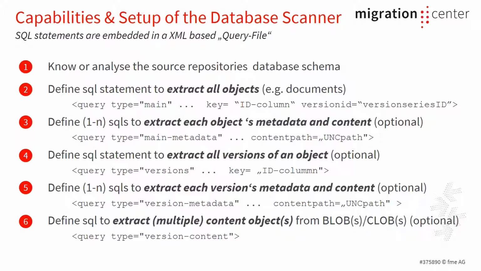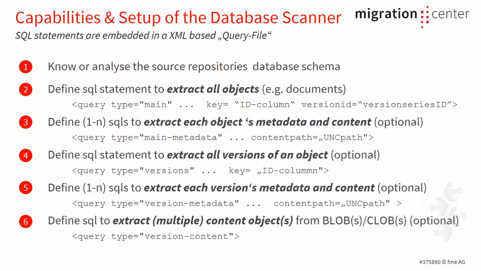respective versions. The capability of the database scanner allows you to extract content either from an UNC path, so this would support systems like NetApp, SnapLock, or an IBM filer or file system. So with this method, you will cover most of the ECM systems currently on the market.